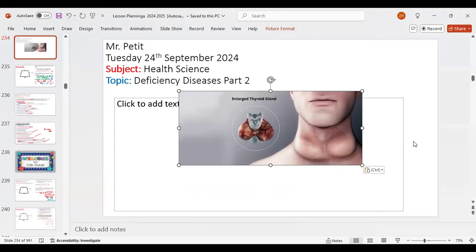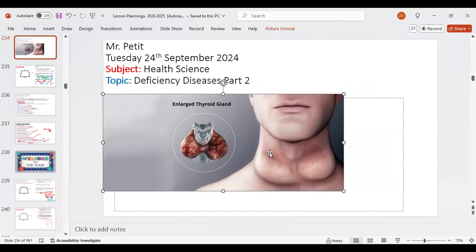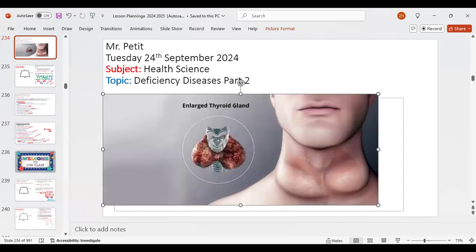The thyroid gland is shaped like a butterfly. If it's enlarged, we call that goiter. Goiter is a deficiency disease, which means you lack something in your diet. What do you lack when you have goiter? Iodine.